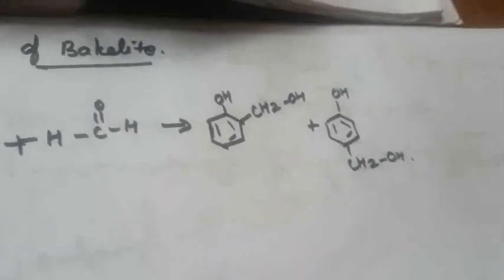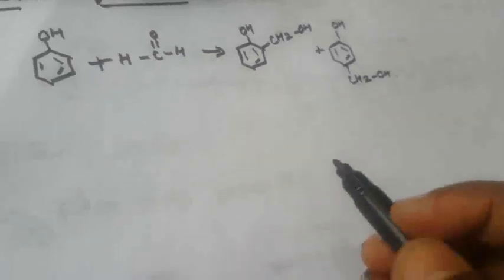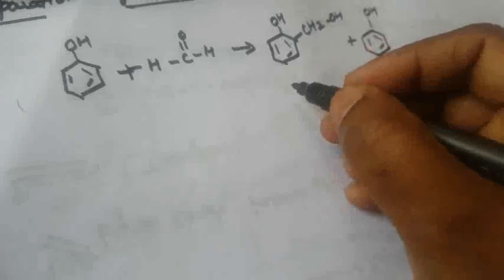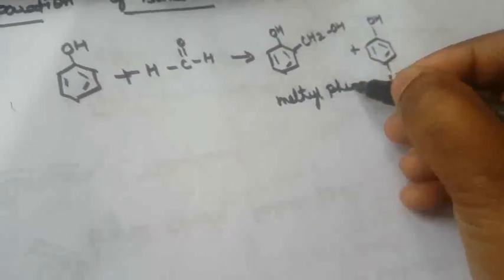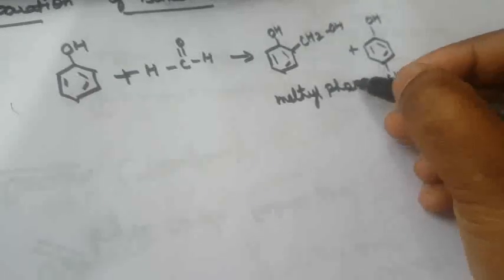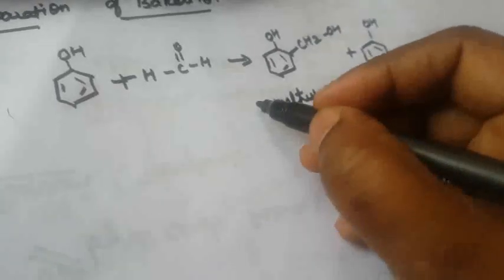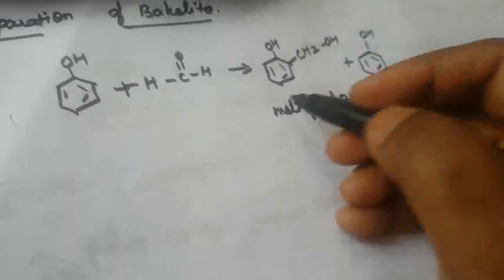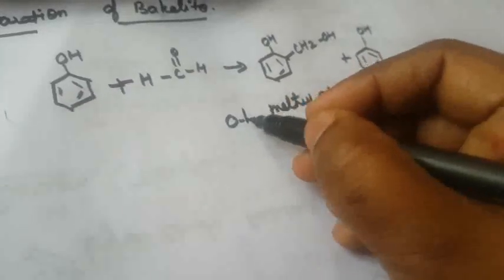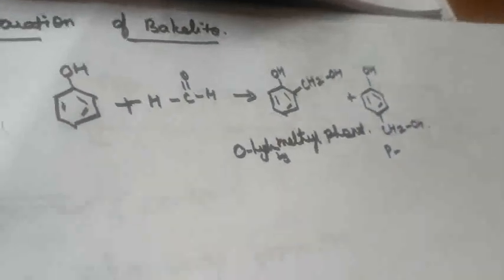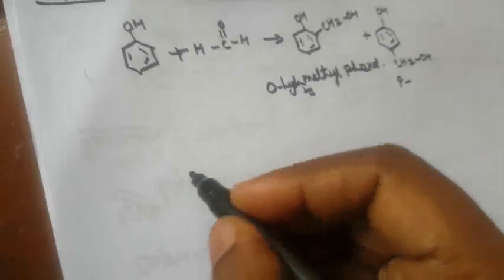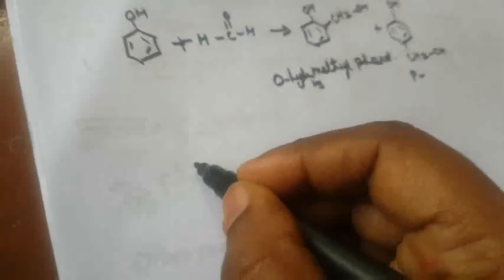Now again, n molecules of this ortho and para hydroxymethyl phenol. What is this compound? Hydroxymethyl phenol. This is ortho hydroxymethyl, this is para hydroxymethyl. Now again, the ortho hydroxy compounds will combine together.